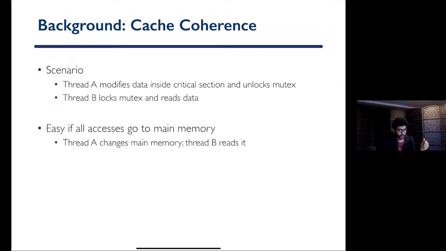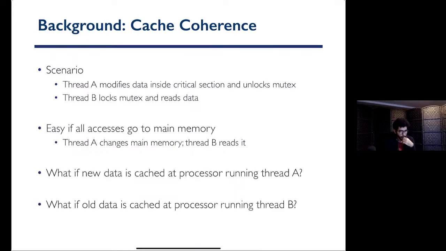See what happens. We will see that if all the accesses that thread A had in reading and writing were to be sent directly to memory, we would be fine. And that's what we have been assuming so far, that everything is sent to memory.